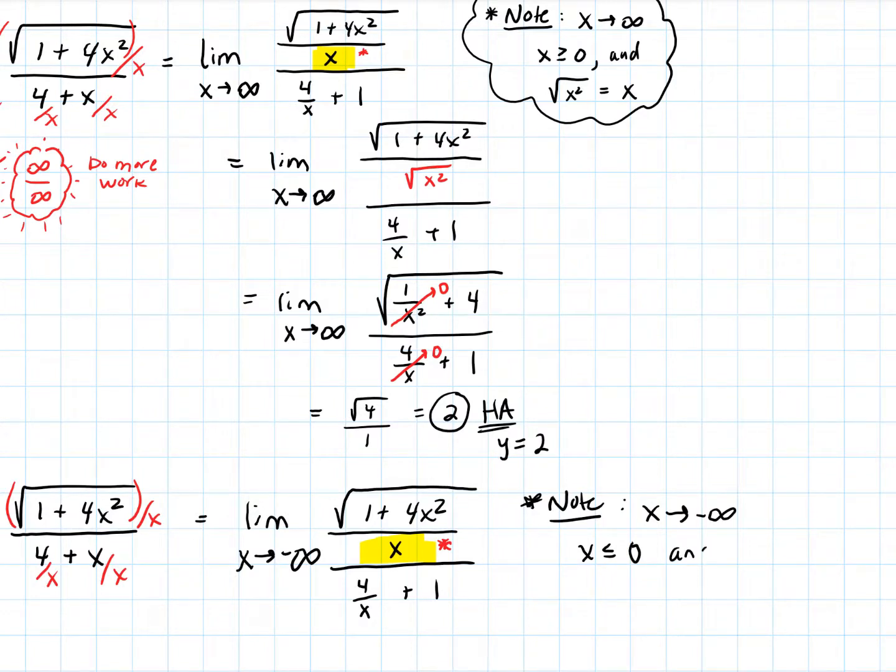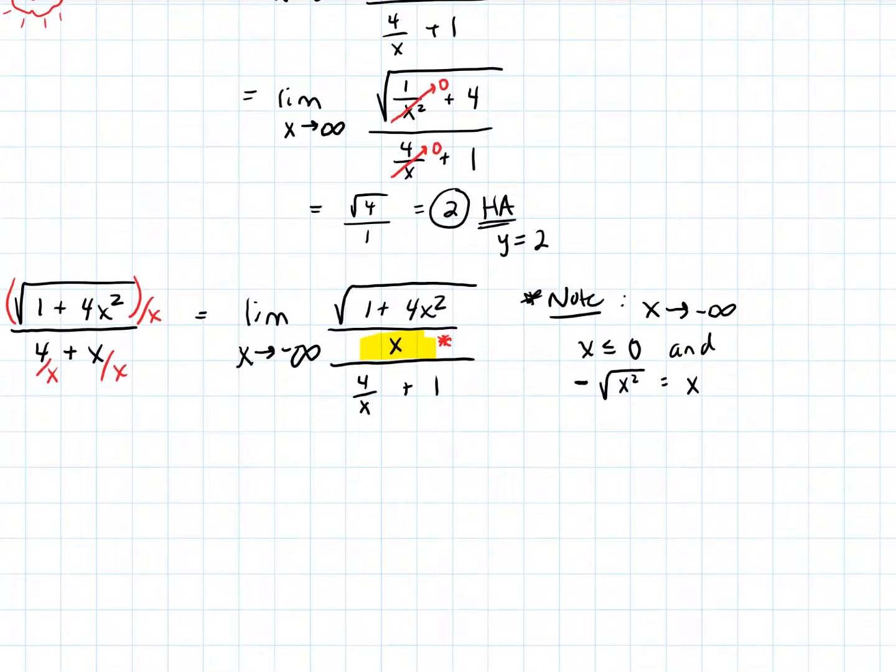And therefore, when we take the square root of x squared, to make sure that we get back a negative value, I have to put a negative. Okay? So x is actually going to be equal to the negative square root of x squared. And so when we make this substitution, I have to include the sign because I know my x's are negative.